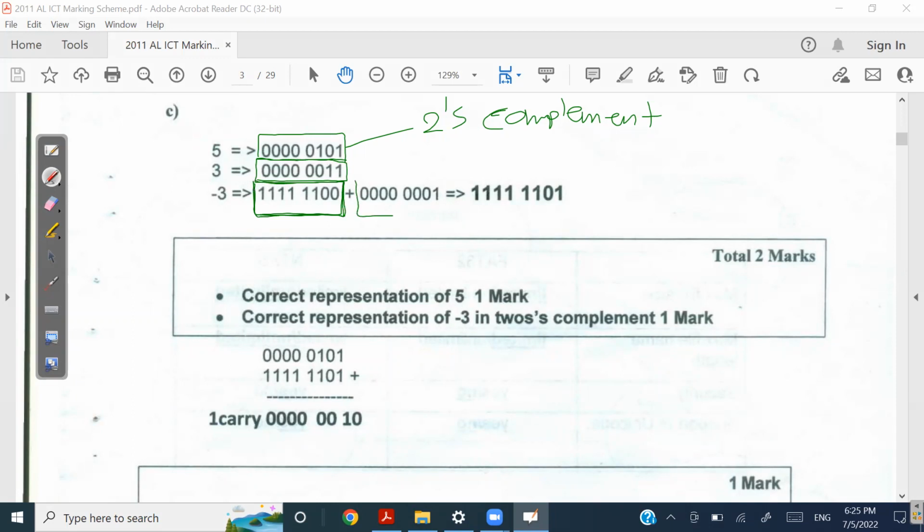Then you have to add a 1 to that value to find the 2's complement value of minus 3. Right, so this represents the 2's complement of 5. This represents the 2's complement of minus 3. If those representations are done, 2 marks will be given.